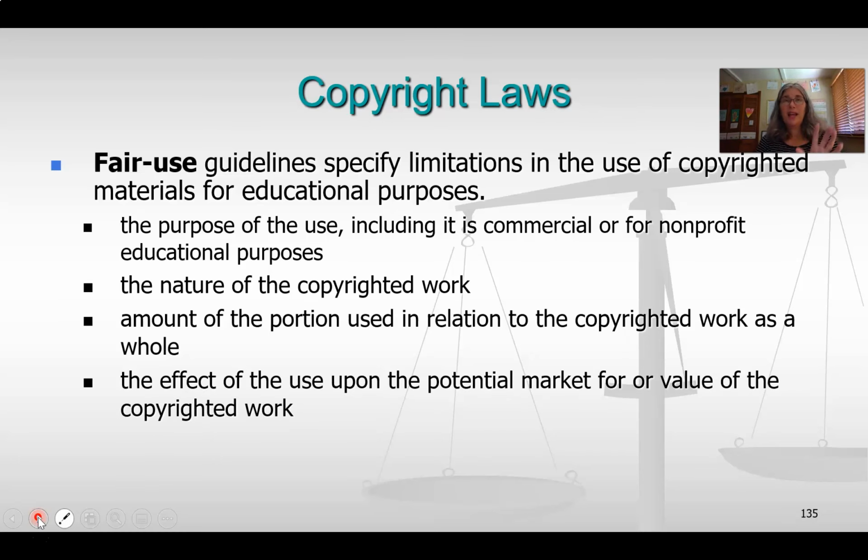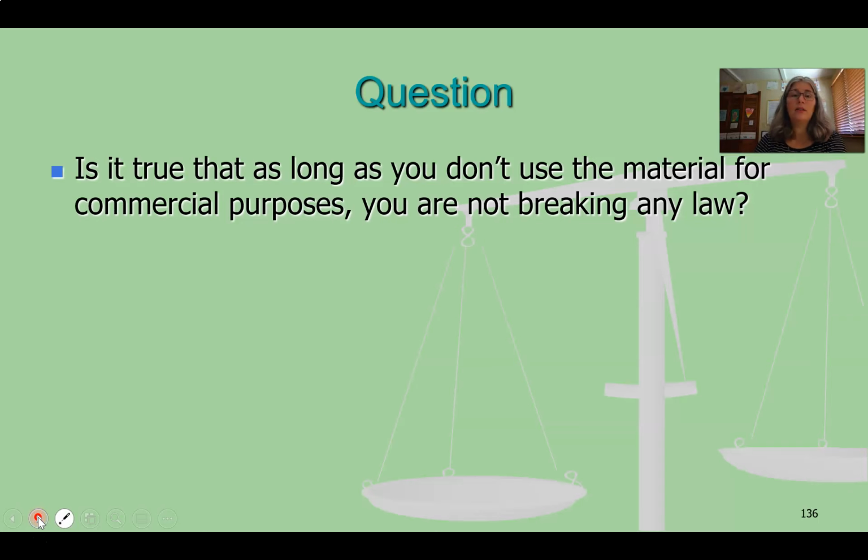And the last thing is how much of an effect I'm going to make on the value of that work. So if I'm taking that work to show to my 30 students, I'm not really harming its value. But if a publisher's trying to sell a book and I Xerox the book and give it to you, I am harming the value of that book because now you're not going to buy the book you should buy. So a lot of things to consider.